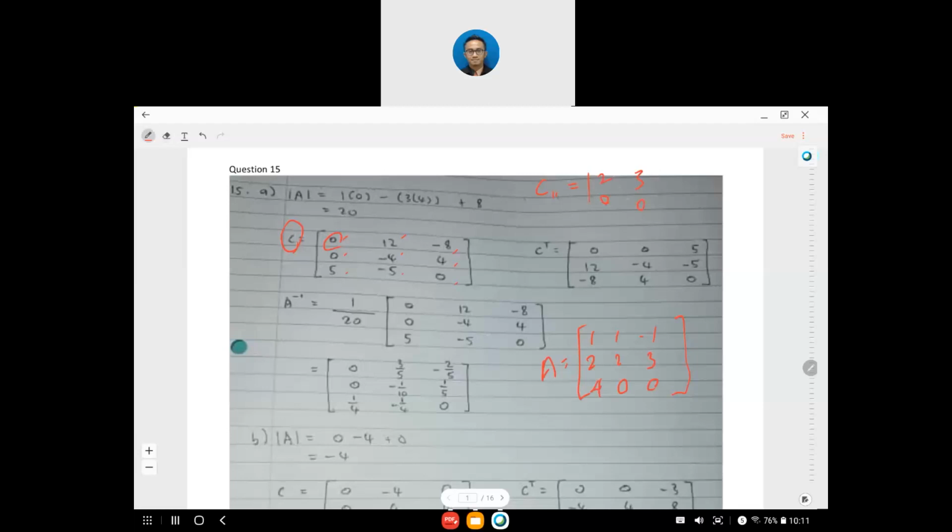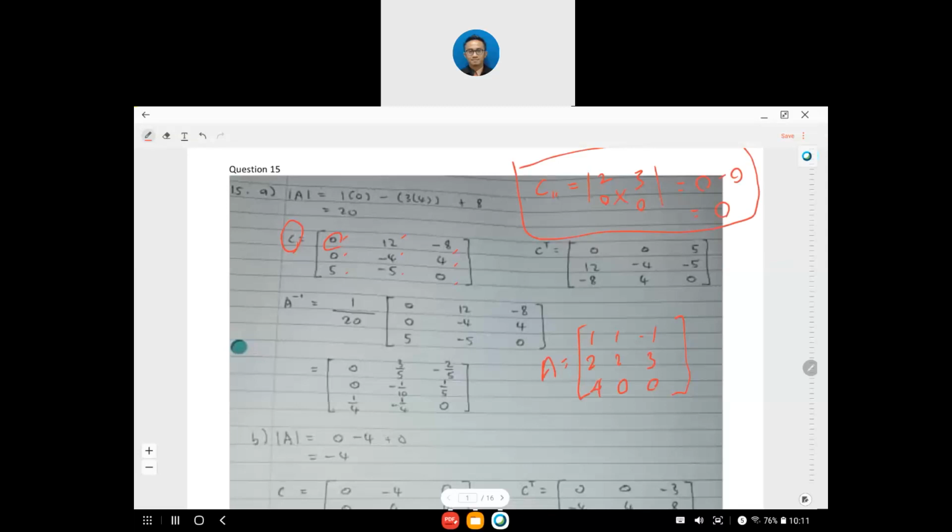When you calculate, you cross multiply, so you get 2 times 0 minus 0 times 3, which equals 0. You must show this in order to find cofactor 1,1. You cannot write directly like this.